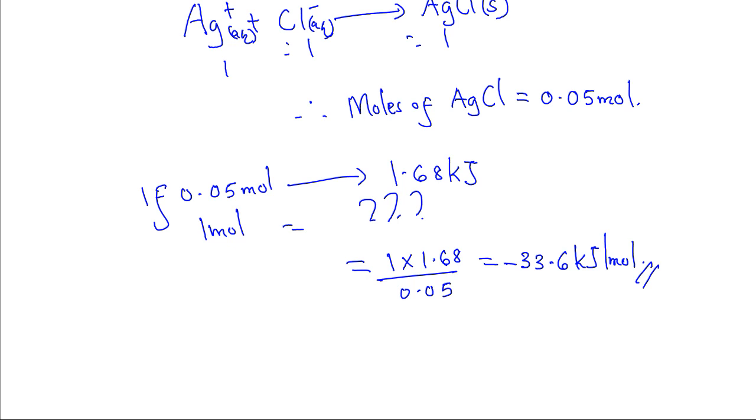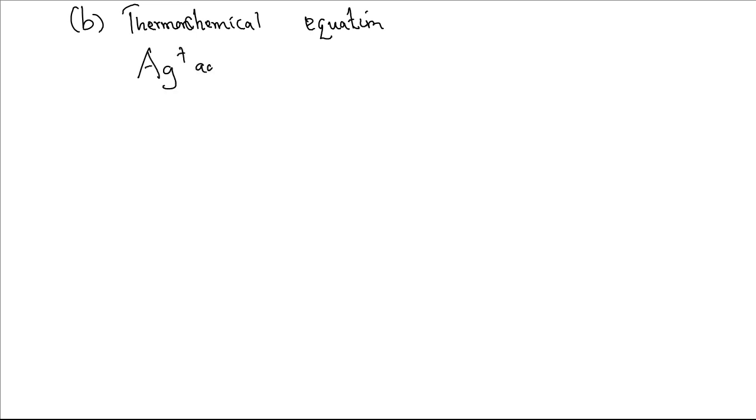Let us then write the thermochemical equation, the part B of the question, writing the thermochemical equation, that is simply silver ion reacting with the chloride ion to form silver chloride in solid.